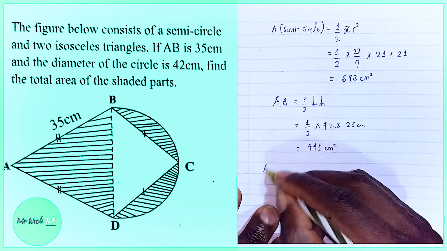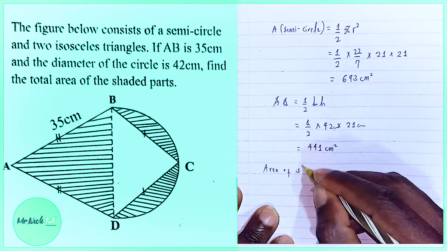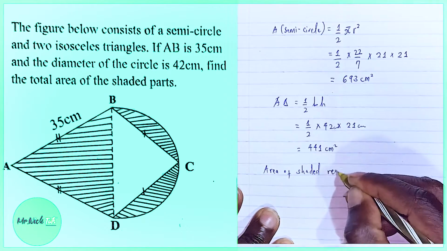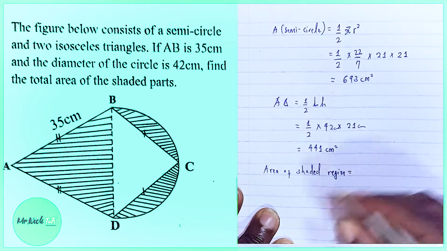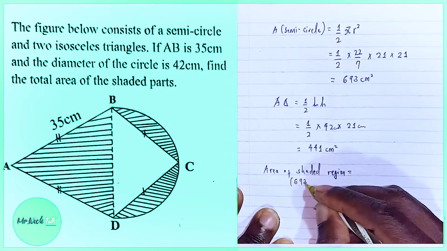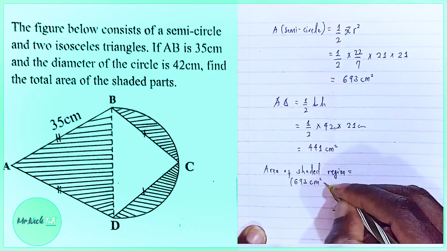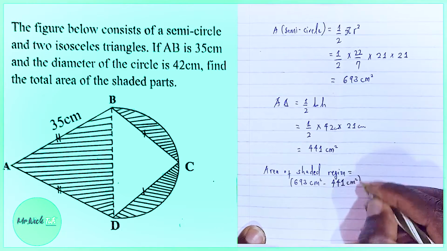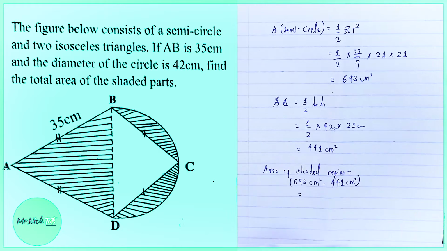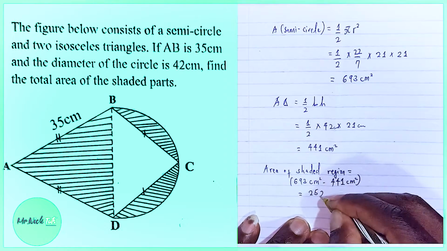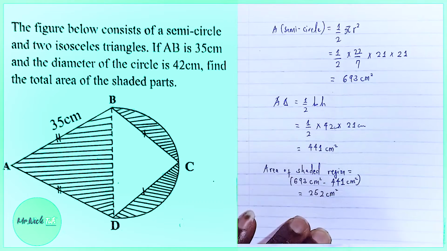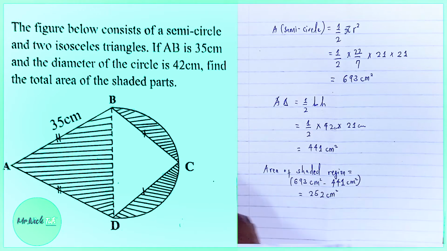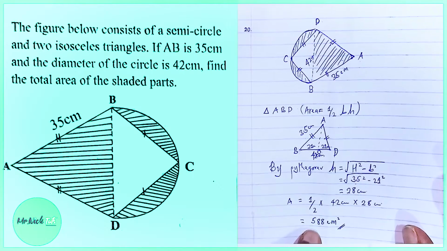So the area of the shaded region will be equal to 693 square centimeters minus 441 square centimeters, which will give us 252 square centimeters.